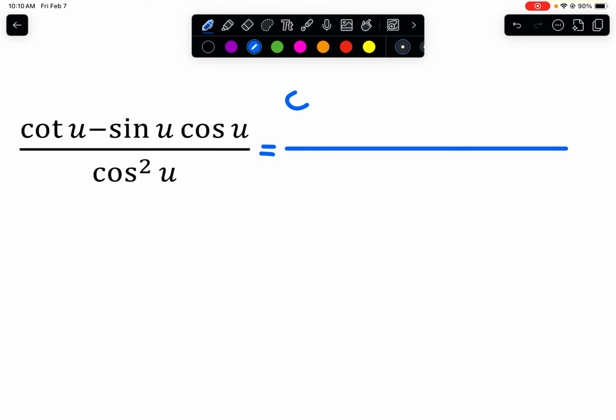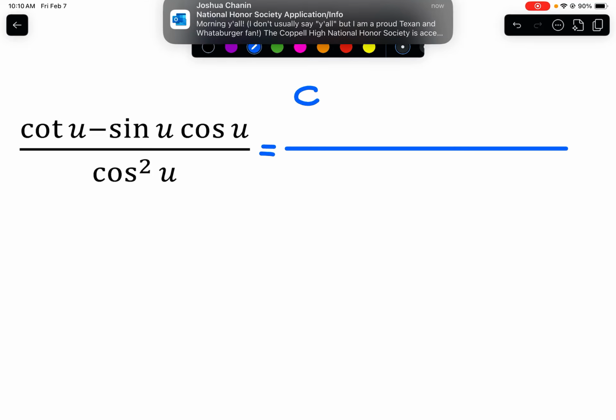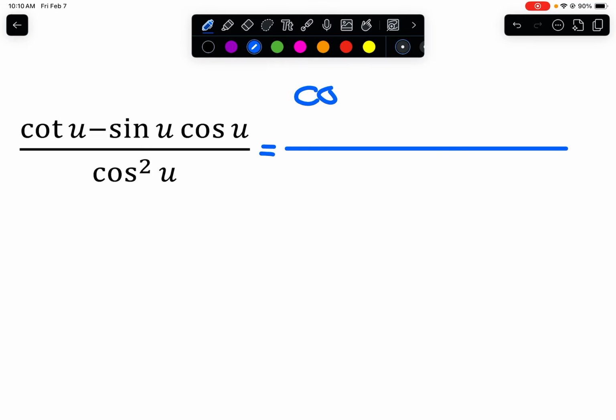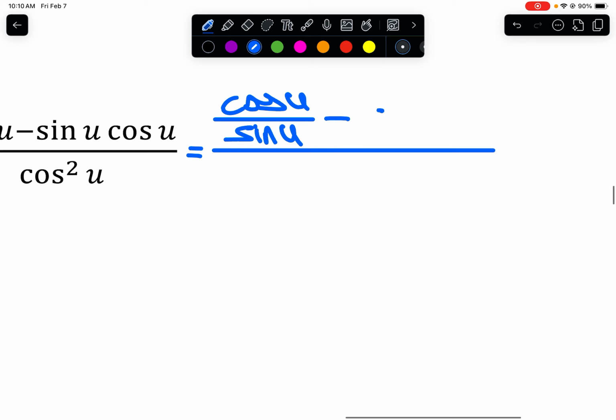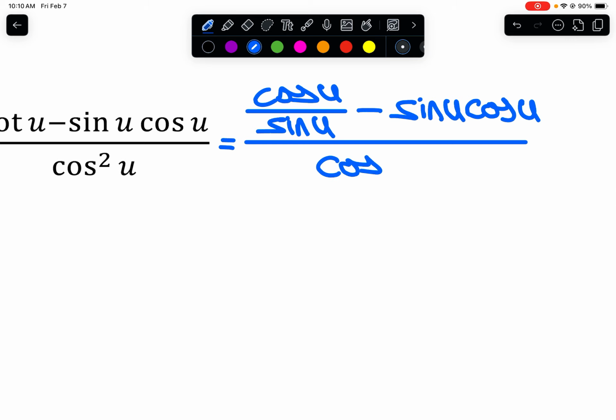Cotangent is going to turn into cosine u over sine u, then minus sine u cosine u. And that's going to be over cosine squared u.